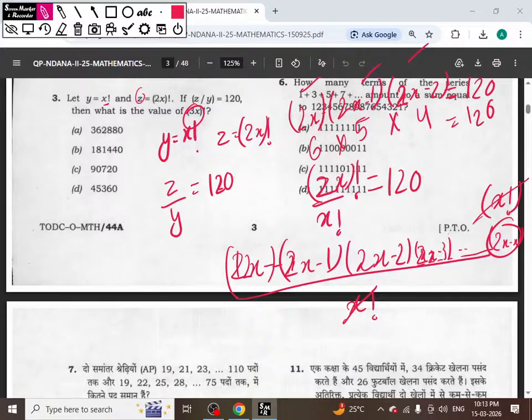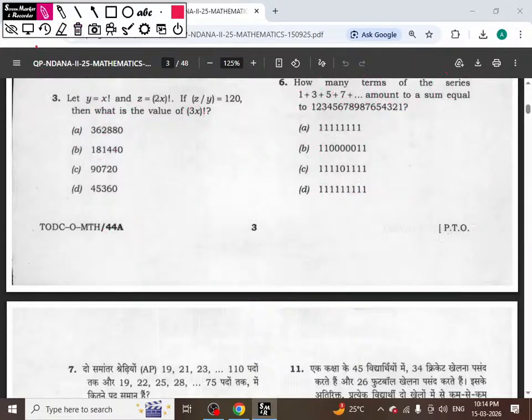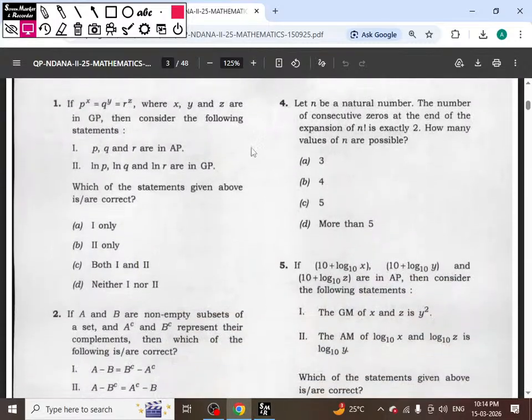So what will be the value of x? 2x is 6, so x equals 3. So what's the value of (3 into 3) factorial? That's simply 9 factorial, and that's 362880. Answer A. We can say it was an average question. Now let us move on to question number 4.